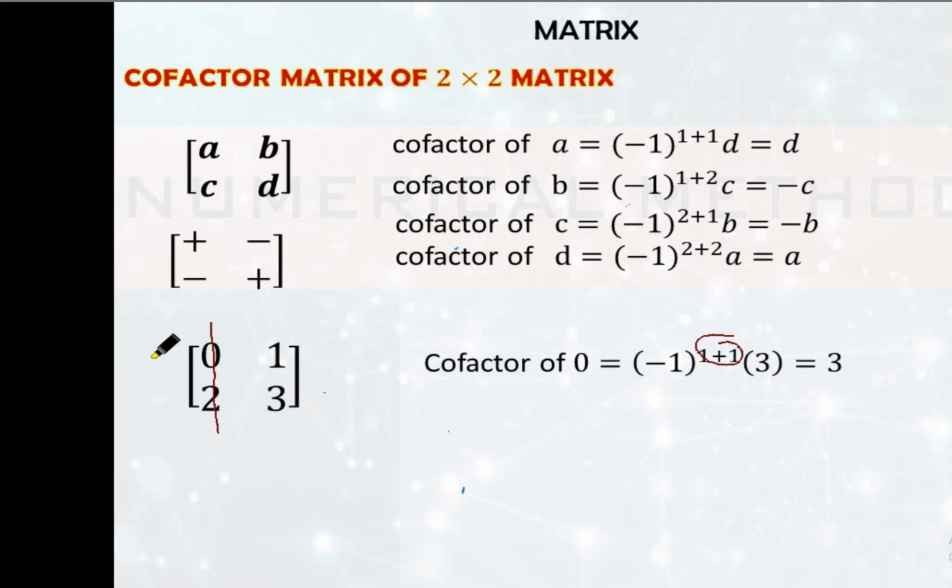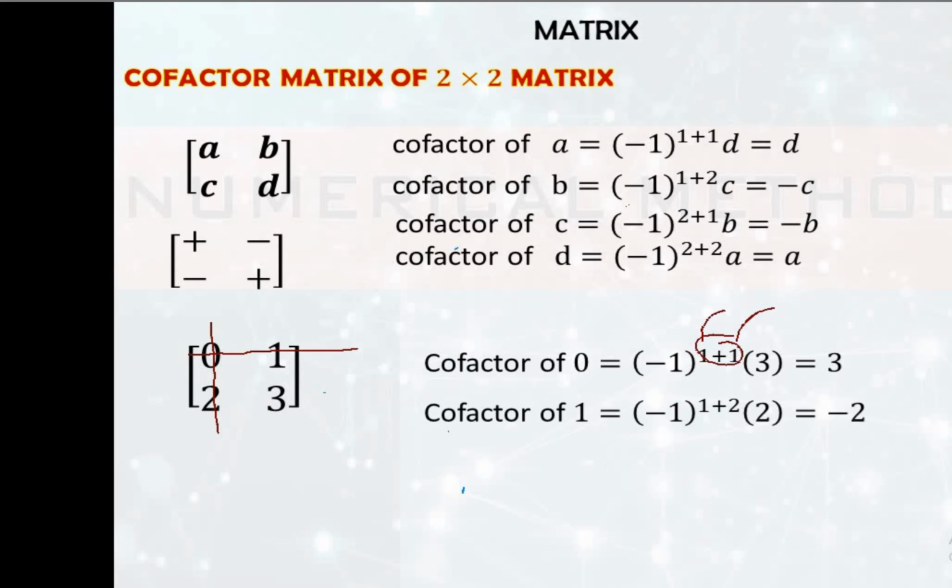If I'm going to draw the pivot here, then, ang aking 0 ay nasa row 1 and column 1. Si 3 na lang ang hindi natakpan ng aking pivot. So for the cofactor of 1, that is simply equal to negative 1 raised to 1 plus 2 multiplied by 2.